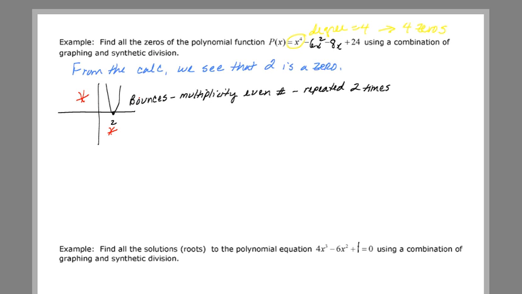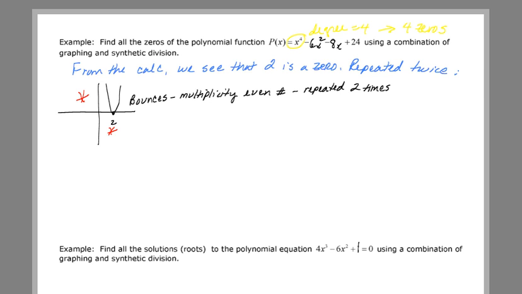Count them at least twice, maybe more than twice, just depends how the rest of the problem goes. So from the calculator, we see that 2 is a 0, and it is a repeated 0. We're going to say it's repeated twice. I don't know if it's 4 times yet, but I know at least twice.